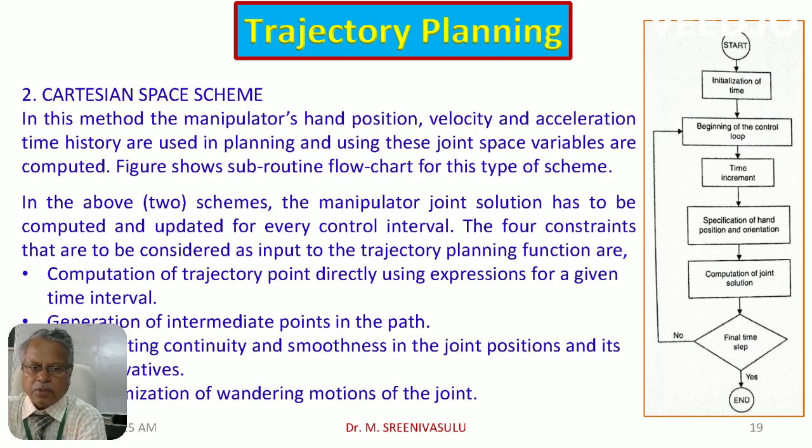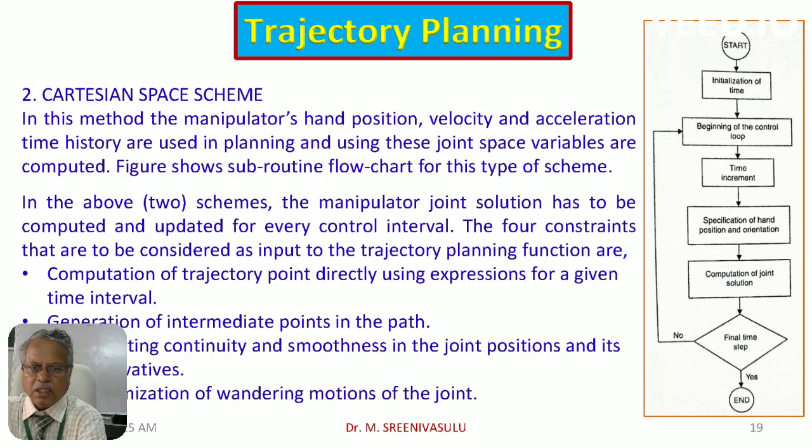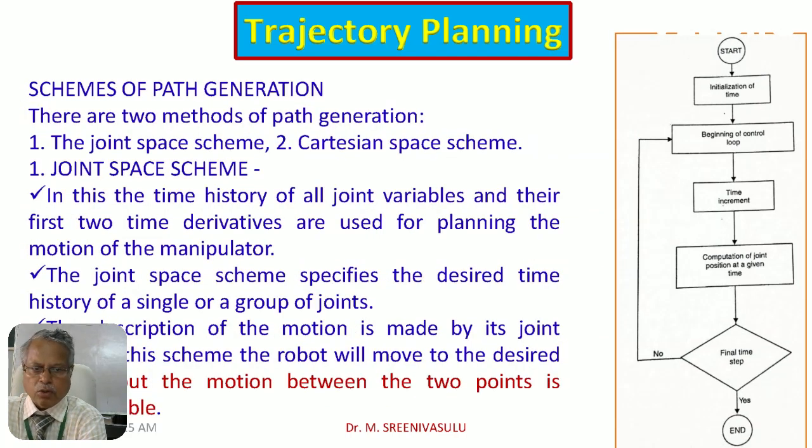Anyway, a similar kind of loop is actually being applied even for Cartesian space. So when you look at this particular flow chart, whether the scheme is coming under joint space or Cartesian space, the flow diagram is more or less the same. The only thing is the parameters you are trying to evaluate: time increment, and then the computation of joint angles come here.